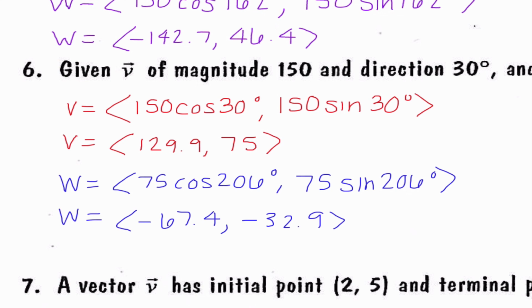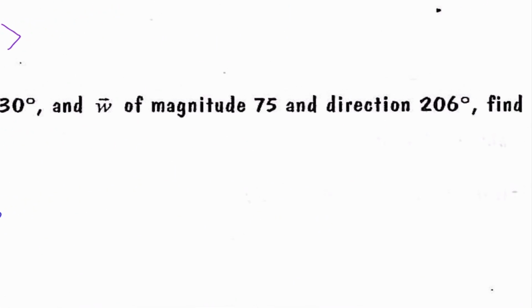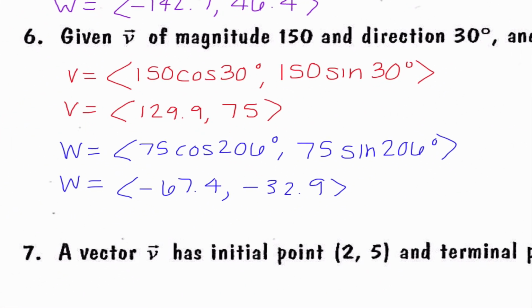And if we think about these, and I didn't really talk about this earlier, but this would make sense for vector V because it is in quadrant 1 because it's 30 degrees, so it would be positive and positive. 206 is in quadrant 3, so it would make sense that both of these are negative values. Now we're just saying we need to add those together.